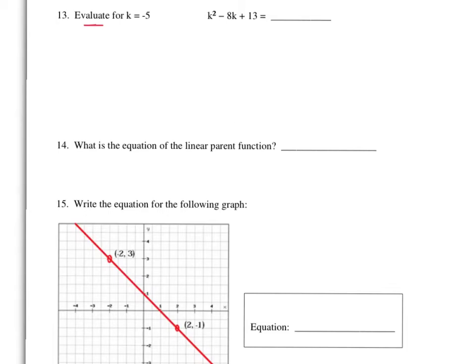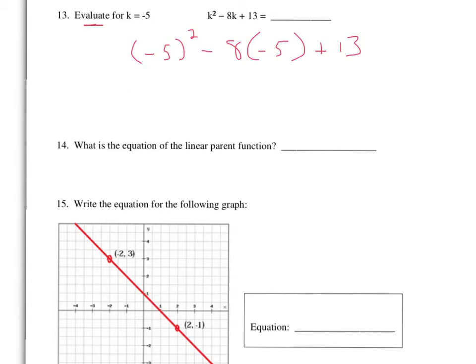So k squared: we're going to take the value of k, which is -5, and square it, minus 8 times -5 plus 13. Okay, so (-5) squared, we follow order of operations. We do our exponents first. There's no work inside of the parentheses, so we go straight to the exponent.